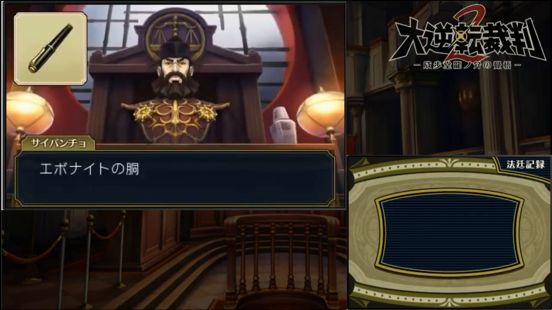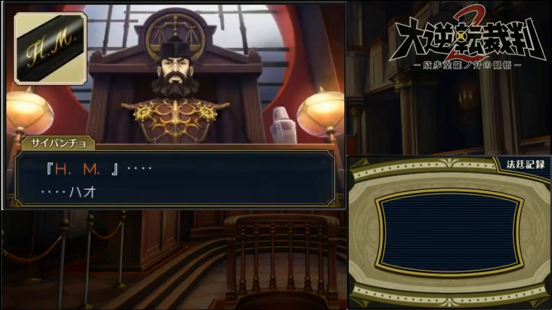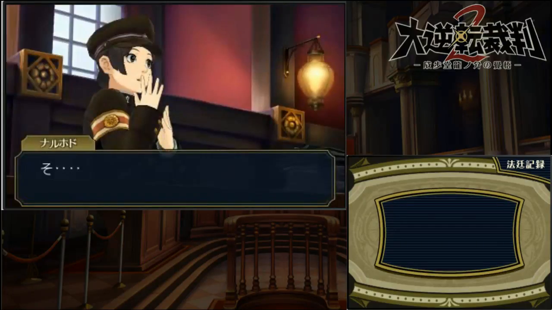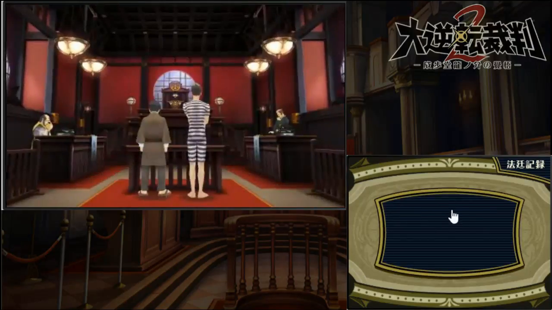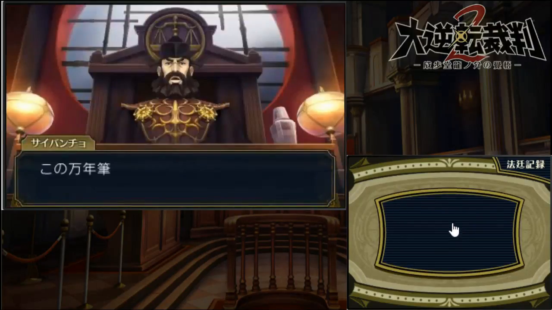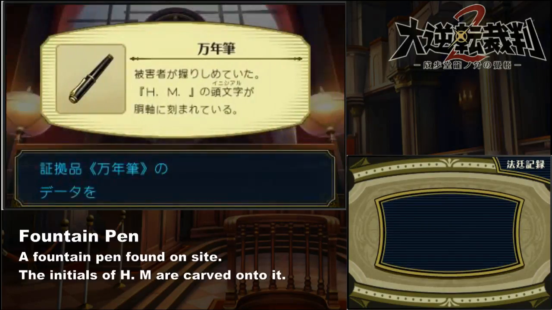On the ebony shaft, I see the carved initials of the owner. H.M. Haori Murasumi. It matches the defendant's initials exactly. How can this be? The court accepts this fountain pen as decisive evidence.